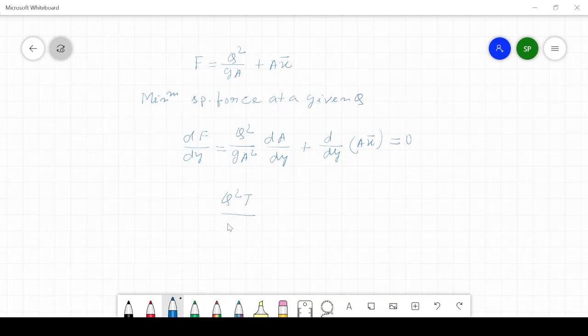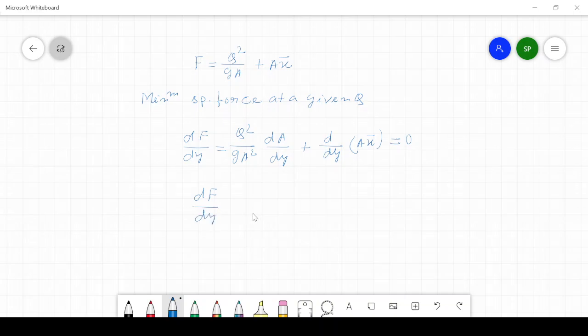Q square T by gA cube is equal to 1. Or you can arrive at this expression also. Let me do this one; the next one you will do by yourself.